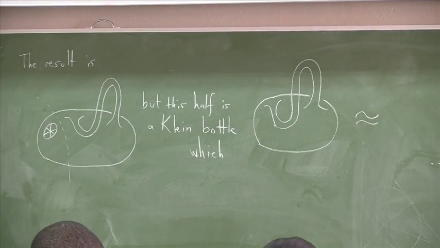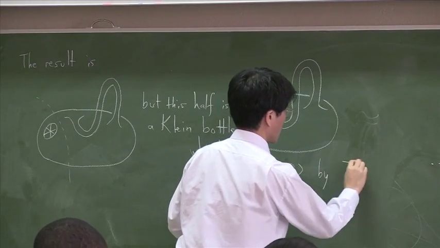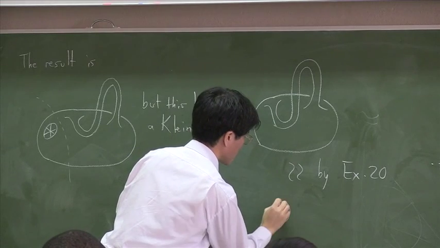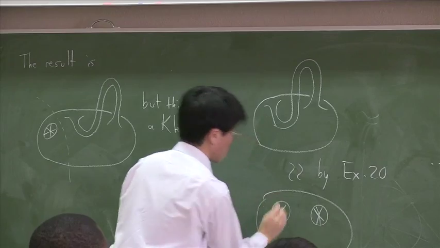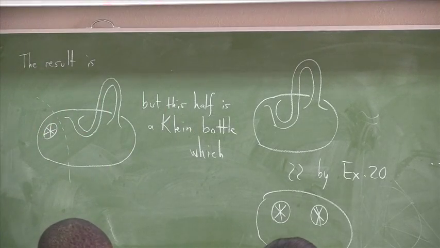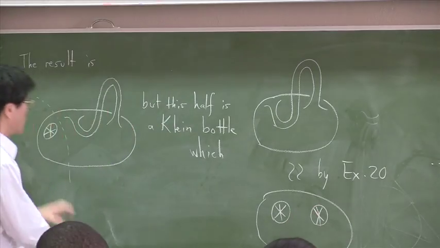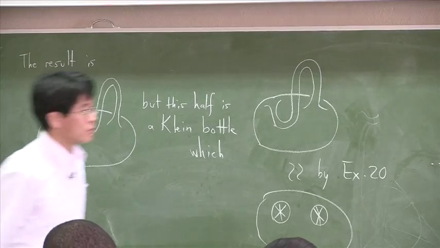We discussed it by example 20. Is a pair of movie strips. So the conclusion is that this picture can be replaced by this picture, so the whole thing was 3 movie strips. End of proof.